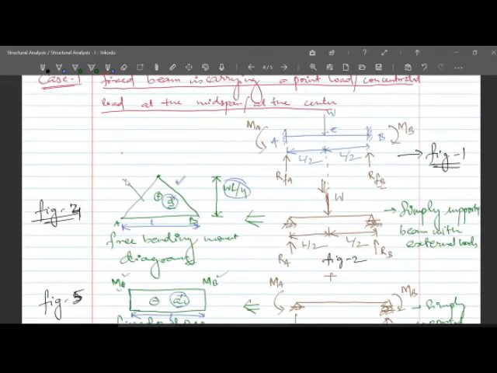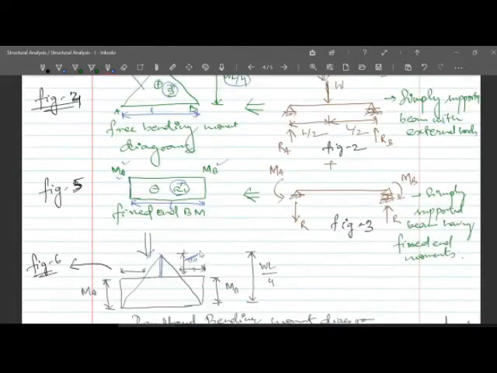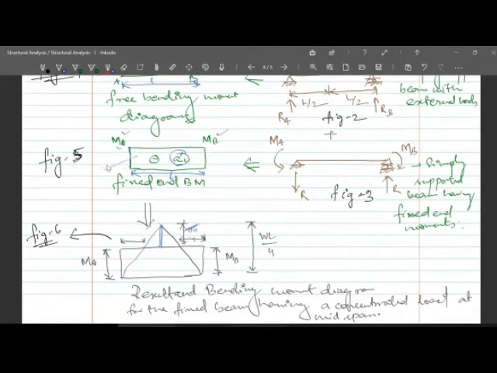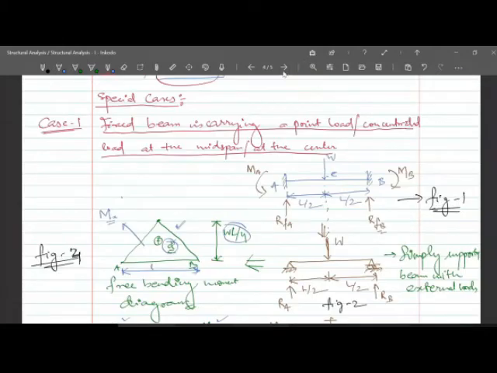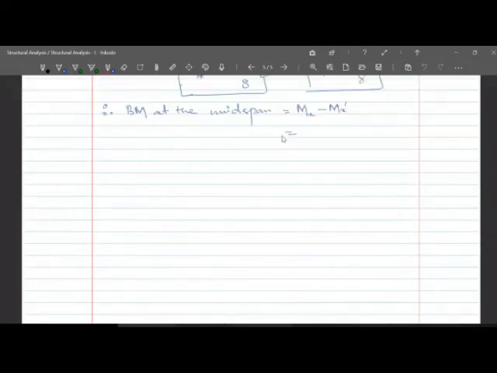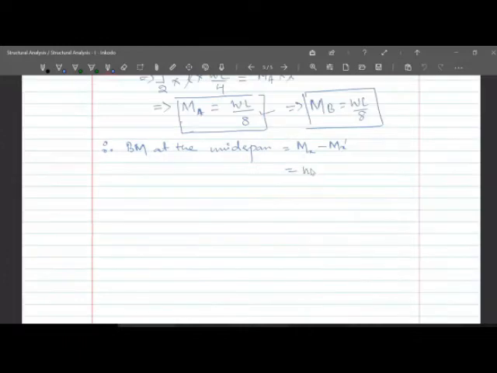This one we call Mx, that is the free bending moment diagram, and this one we call Mx bar, that is the fixed end bending moment diagram. So if that is the case, then what is Mx? Mx is WL by 4 minus, what is Mx bar?